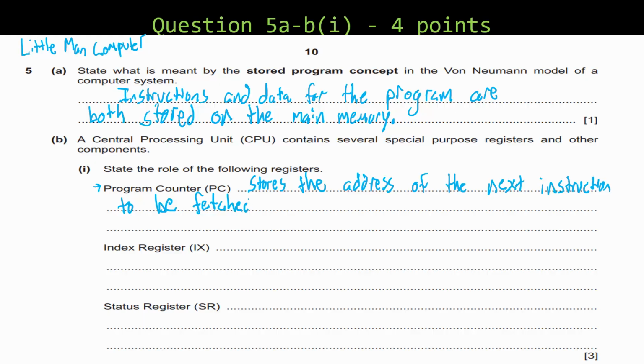Now, the index register, that is shown when you do a trace table. What this is, it holds a value that is added on to an address to get a new address.